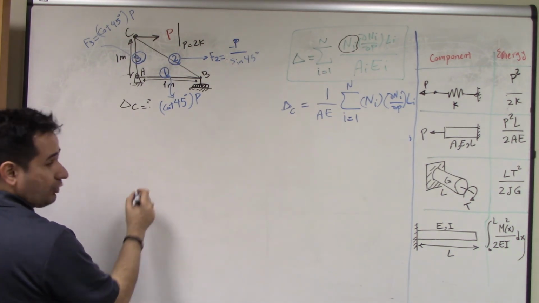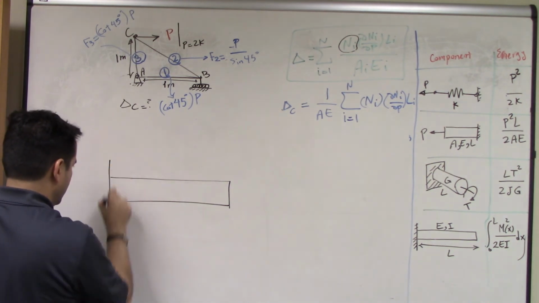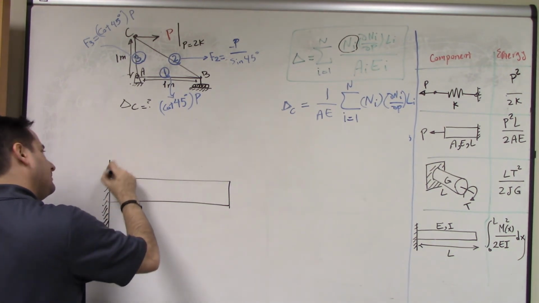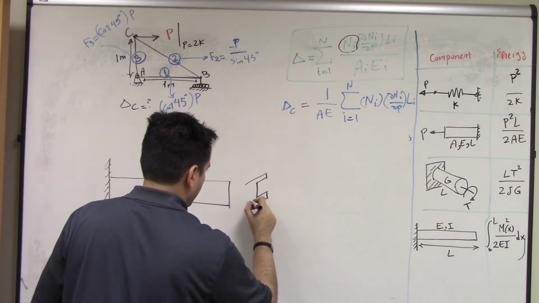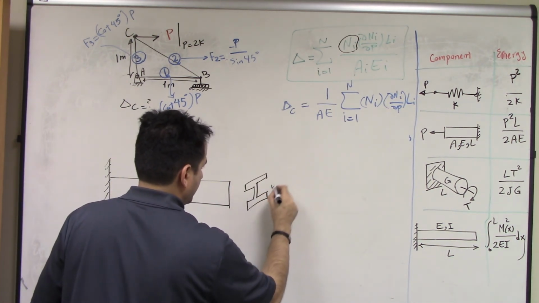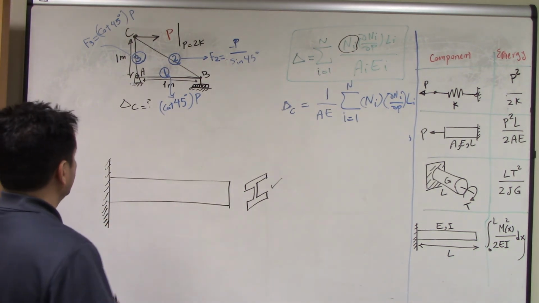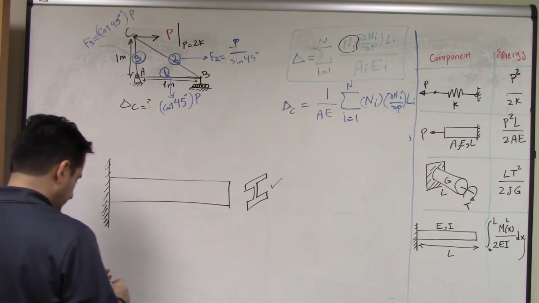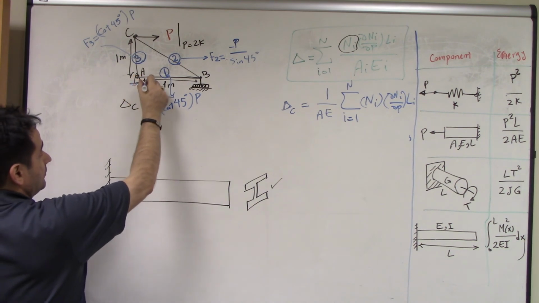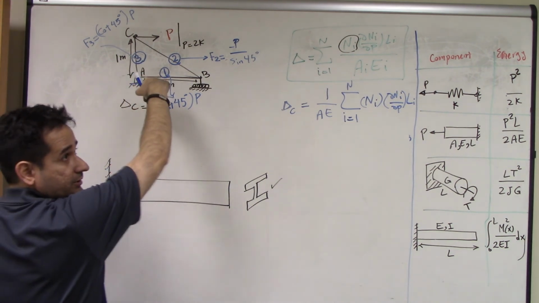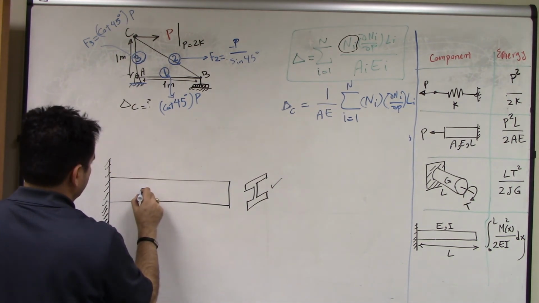So I can have a composite problem. I can have a beam, right, and this is an I-beam. All the cross-sectional area property is given, material property is given, everything given. And now for this truss, instead of pinning it to the wall, this was pinned to a wall, right? I can put a pin here, and I can pin it here, right?